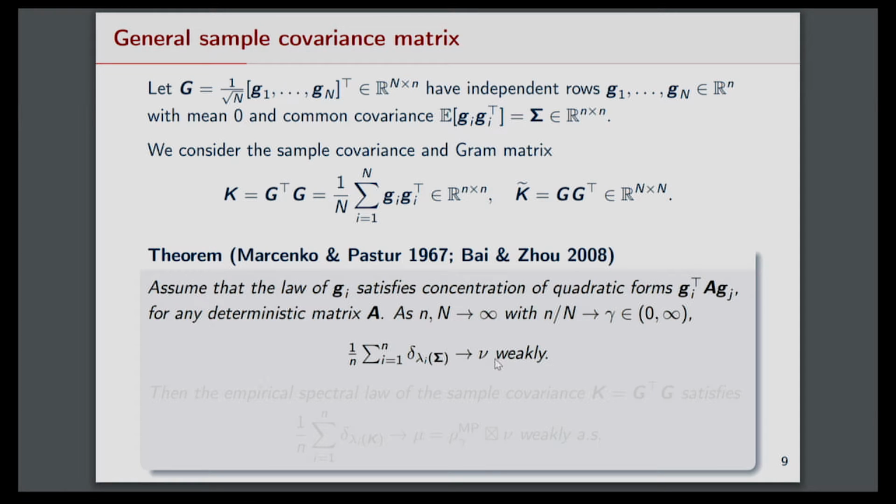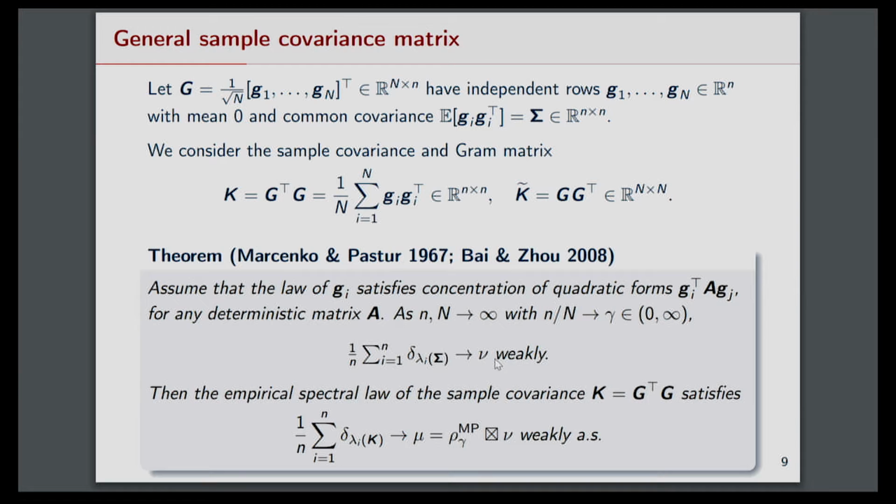Then using random matrix theory, we know that the limiting eigenvalue distribution for K is governed by this deformed Marchenko-Pastur law, which is a multiplicative free convolution of two probability measures: one is the Marchenko-Pastur law, and one is the limiting law for this covariance matrix. I will define this quantity later based on the Stieltjes transform.